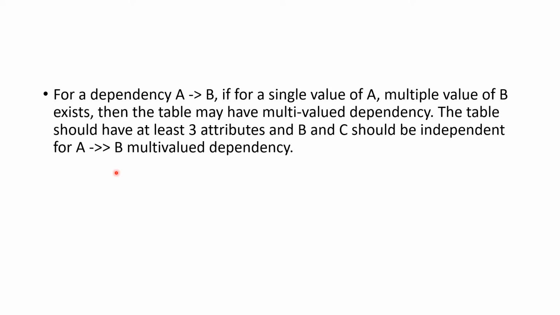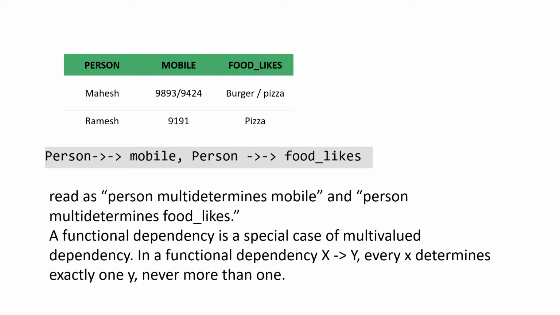If we have three attributes in a table, A, B, C, and two values are dependent on one value, that is, A multi-determines them, this is represented by a double arrow, known as multi-valued dependency. Here is an example with three attributes in a table: person, mobile, food likes.